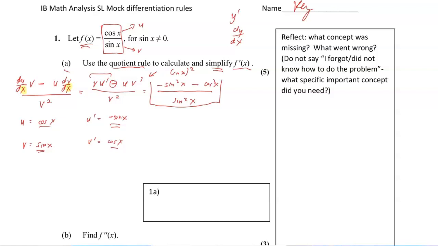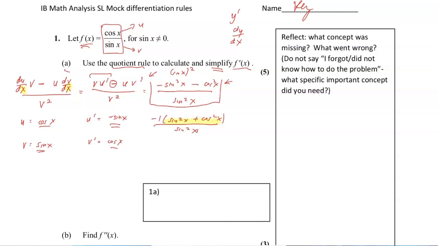Well, since we're fresh off the trig unit, you might recognize the top as having a sine squared and a cosine squared, subtracted instead of added. But if I factor out a negative 1, look what I have now. On the top, I have sine squared x plus cosine squared x.